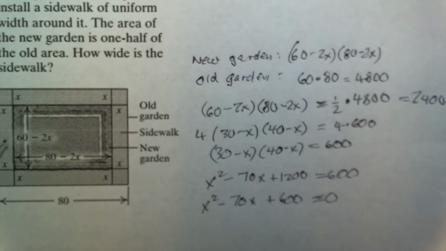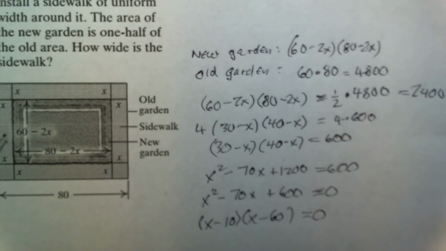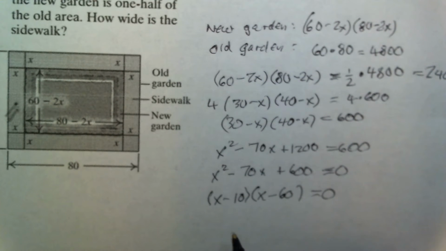And we can easily factor this expression to x minus 10 times x minus 60 equals 0. And using the zero product property, we then find that x is equal to 10 feet. And the other solution, x is equal to 60 feet.